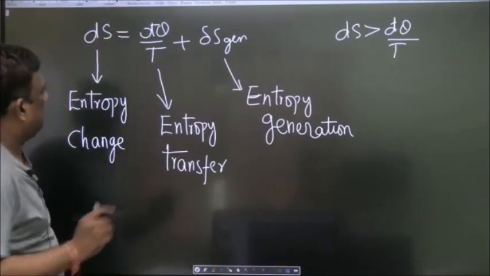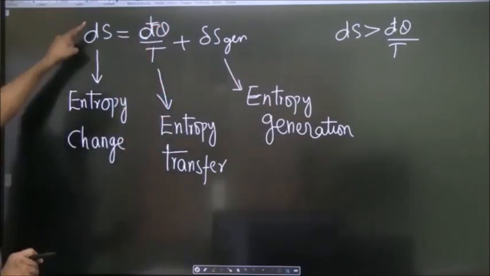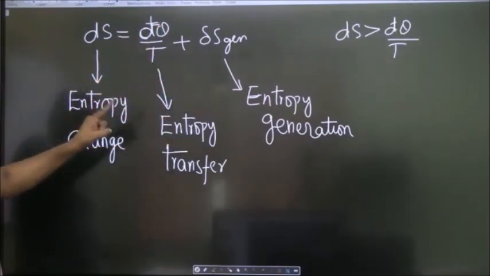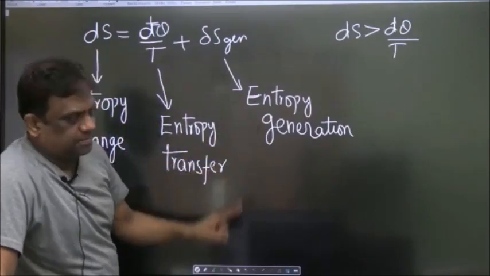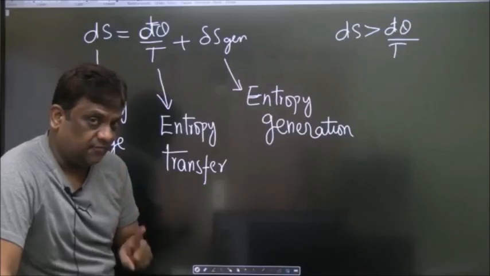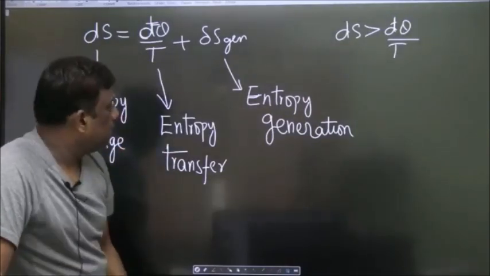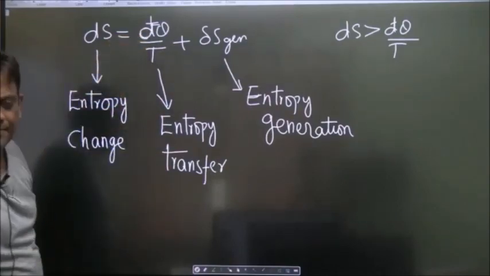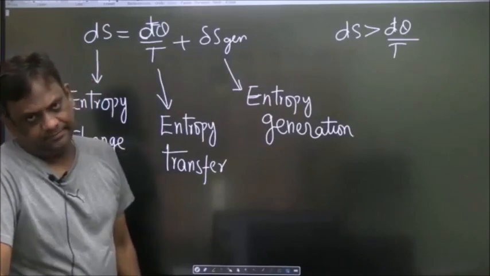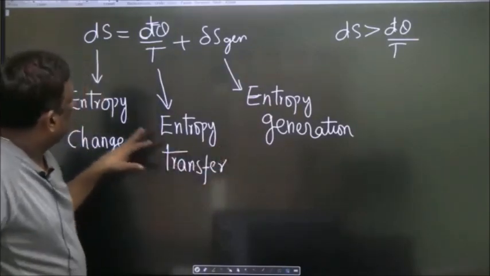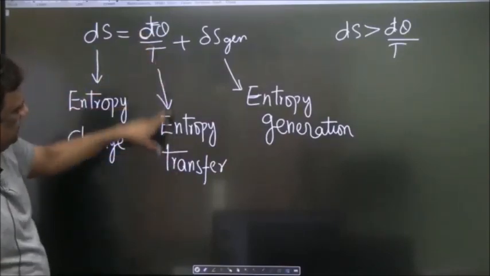I repeat, my dear students, the change in entropy is due to entropy transfer plus entropy generation. There will be entropy transfer due to heat transfer. There is nothing like entropy transfer due to work transfer. Here, entropy transfer is due to heat transfer.